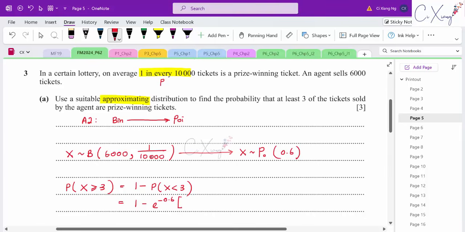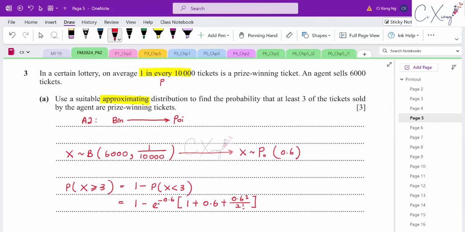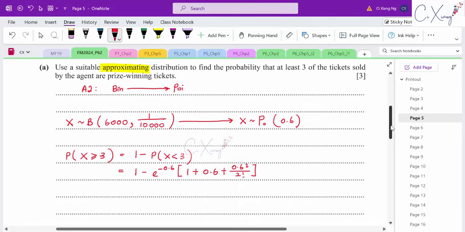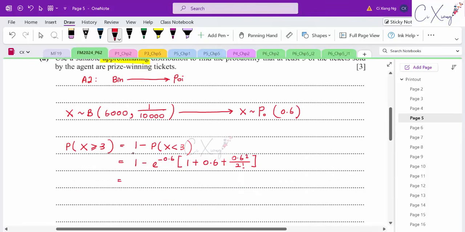When x equals 0, the remaining term is always 1. When x equals 1, the remaining term is 0.6. When x equals 2, it is 0.6 squared divided by 2 factorial, lambda squared divided by 2 factorial. I shouldn't include the 3 in this part because my calculation for the answer included the 3, so when you take 1 minus, it shouldn't include the 3. After that, just use a calculator to get the answer. Your answer to 3 significant figures should be 0.0231.